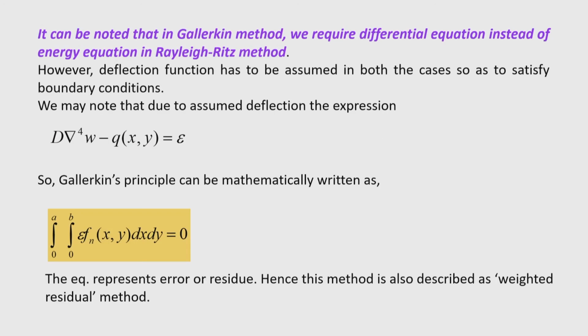It can be noted that the difference between the Galerkin method and Rayleigh's method is that in the Galerkin method we require the differential equation instead of the strain energy expression.